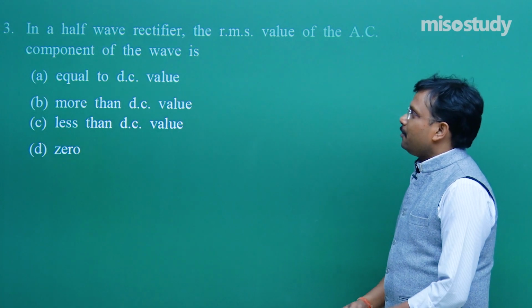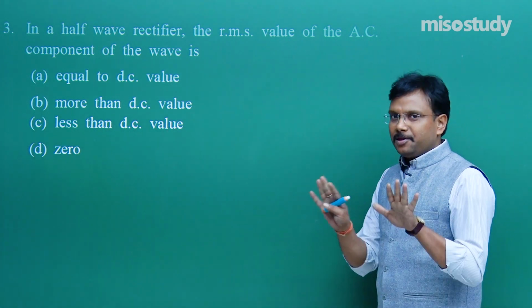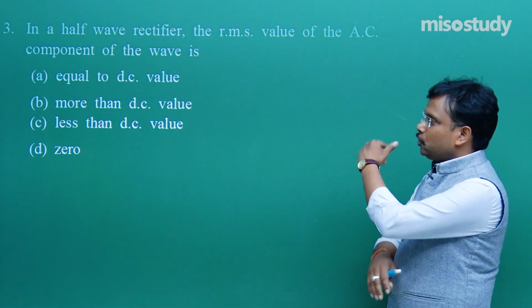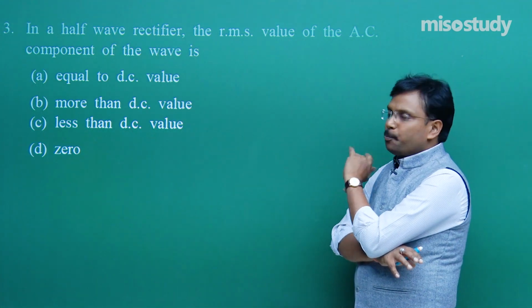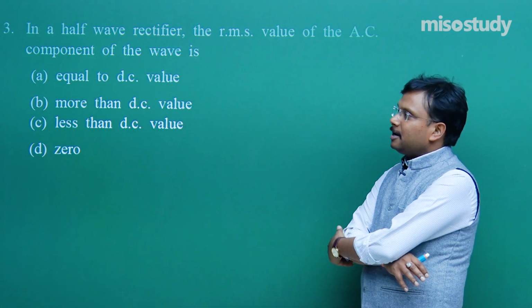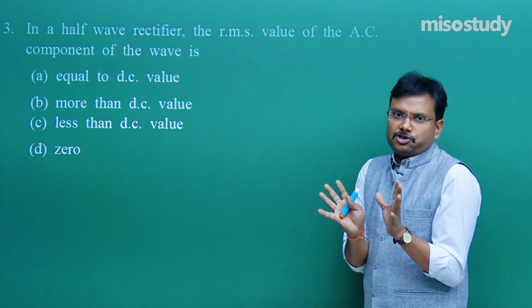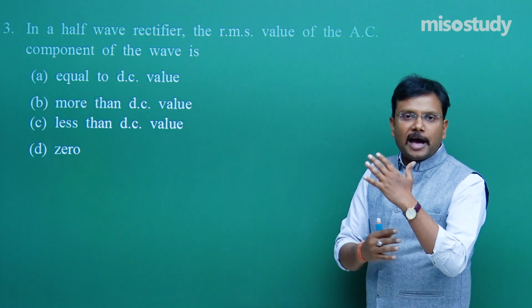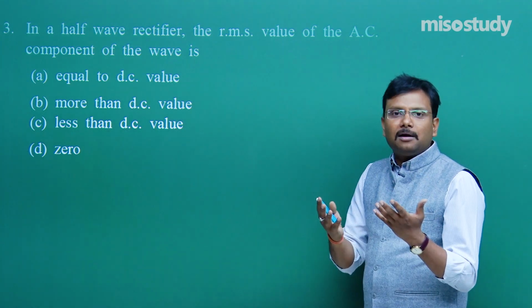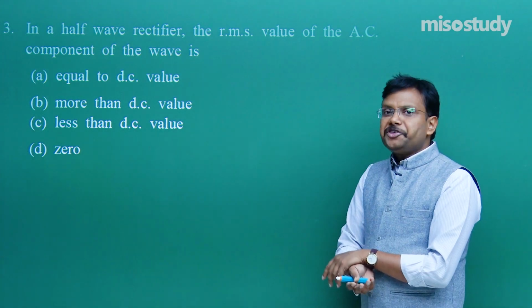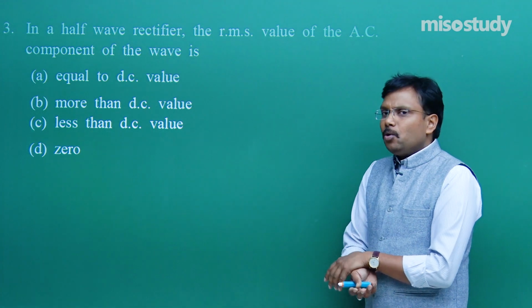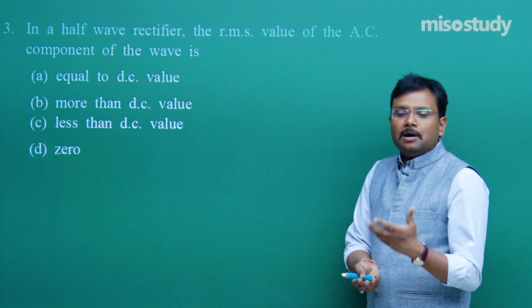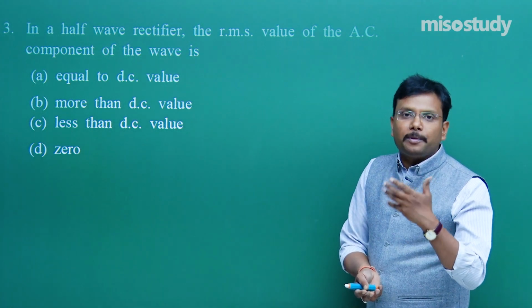In a half wave rectifier, now here please wait. Actually, in these two previous questions, I started my discussion with the basic structure of a semiconductor, where I talked about the valence band, energy gap, conduction band. In the second question, what I explained was again associated with the microscopic property.